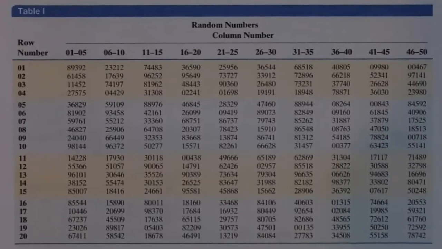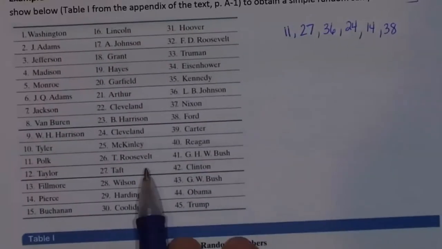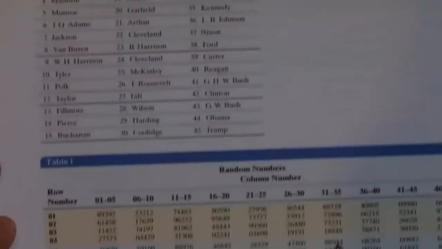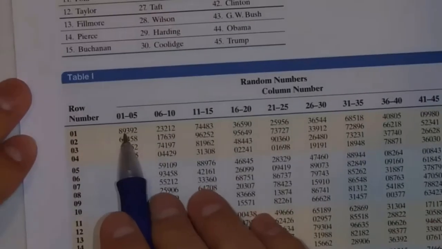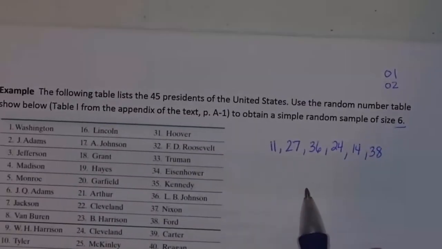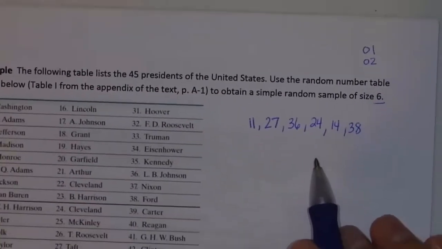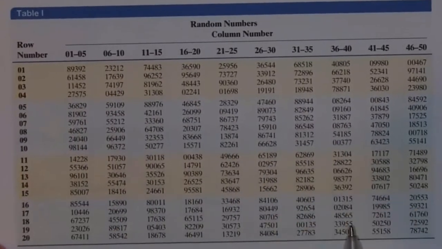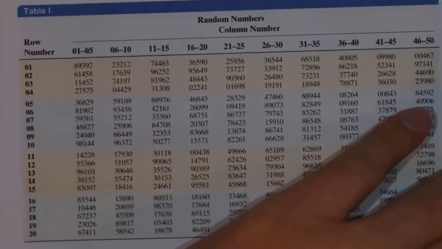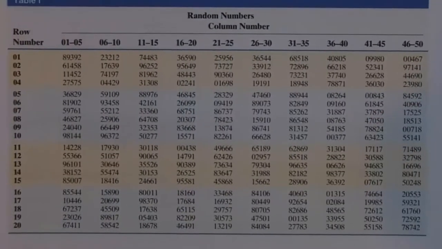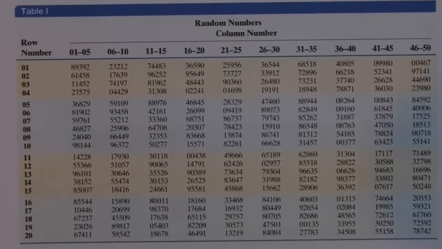So, for example, if I come in on a Wednesday and I say, hey, let's pick 6 presidents out of our population of 45 presidents, and if I start with this top left corner and I proceed down, I'm going to get the exact same sample that I got today. So the problem with the random number table is that once the numbers are printed in a table, they're no longer random. If I use the same process, then I'm always going to get the same results.